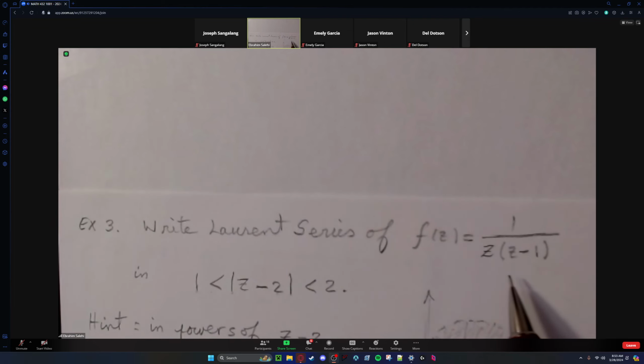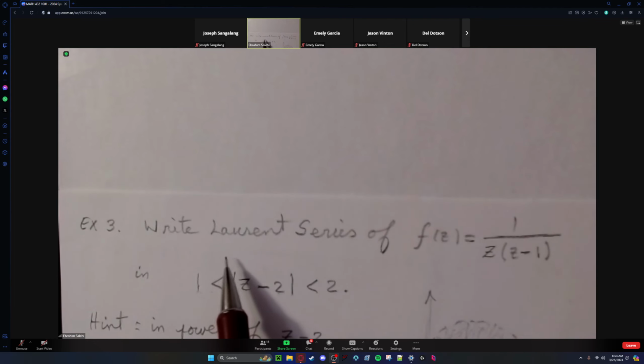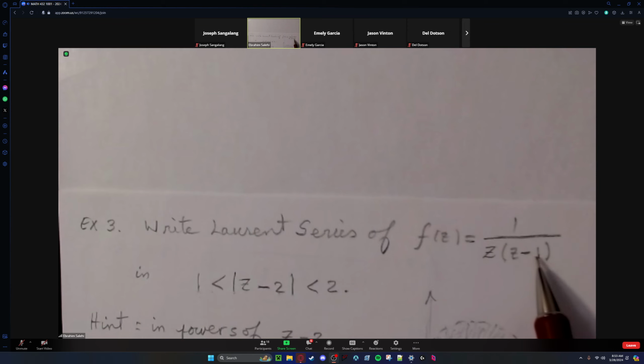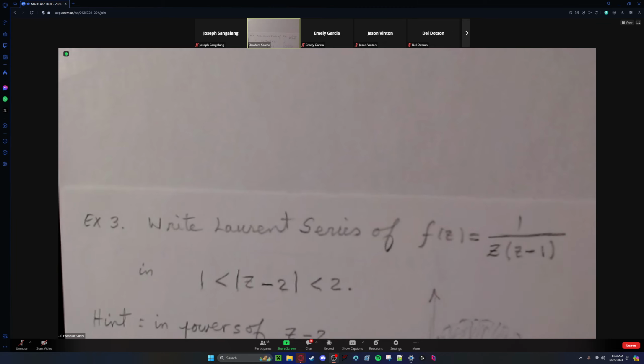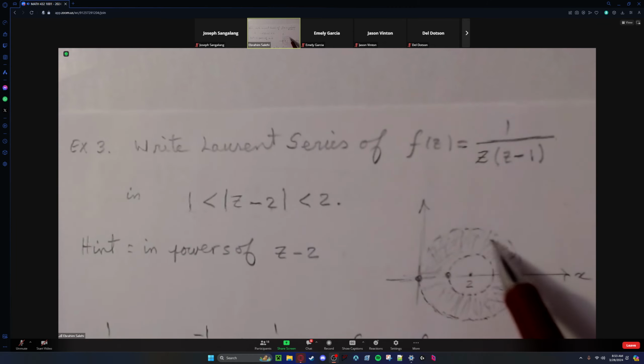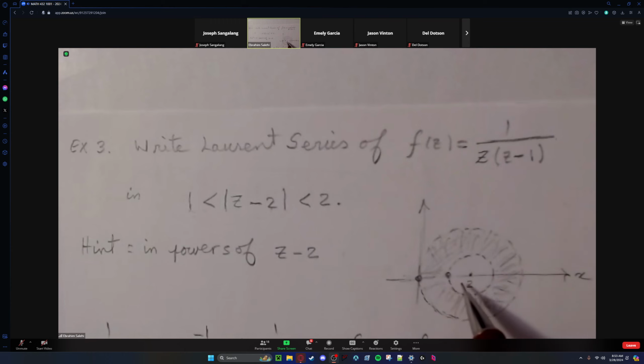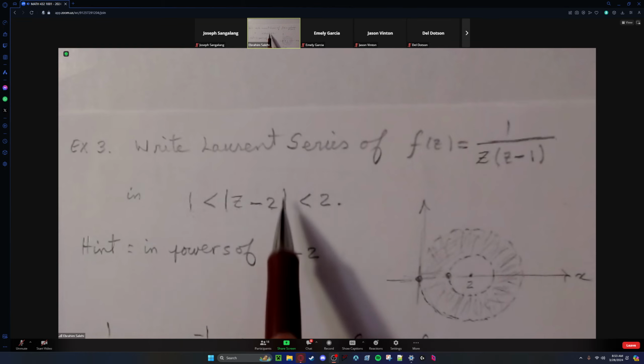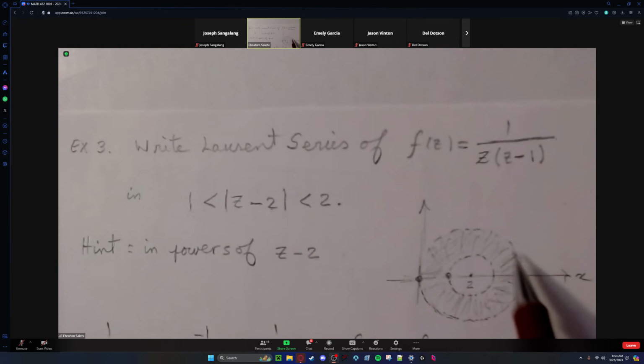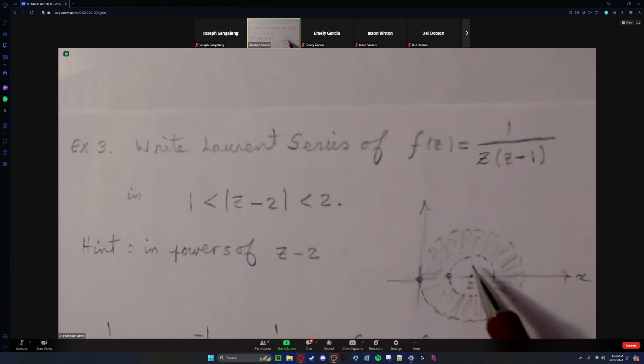So it says find the Laurent series that is valid in this washer here. This is the circle where the modulus of z minus 2 equals 1, and this is the circle where it equals 2, but we want the modulus of z minus 2 to be between these two. So we want this, okay?